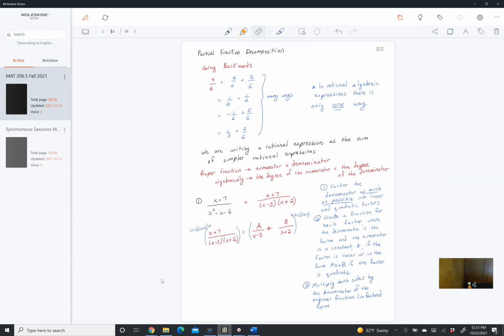Okay, let's look at what happens on the left. On the left, we have x minus 3 times x plus 2, but then we have the same thing in the denominator. So this just cancels completely. So we get x plus 7. What we are doing is we are hoping to get rid of all the denominators. When we distribute this, this does get distributed.